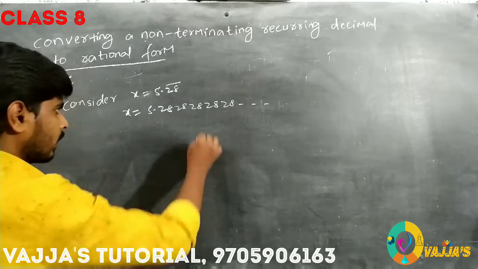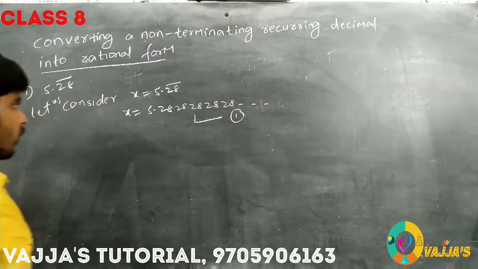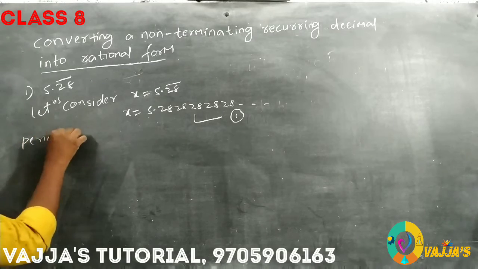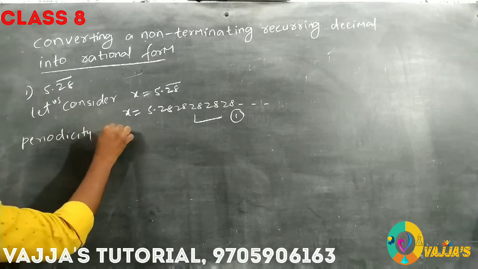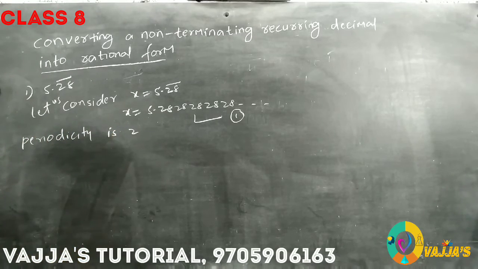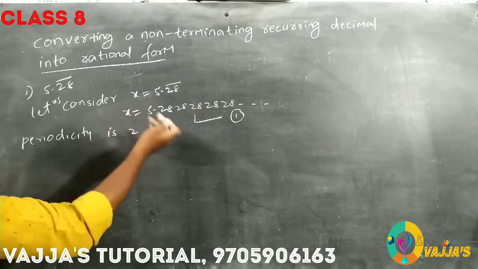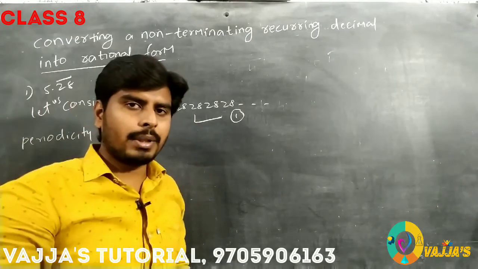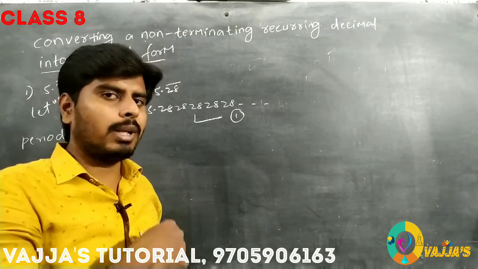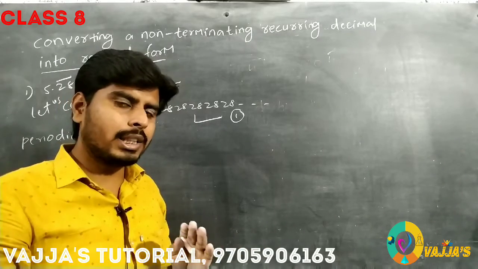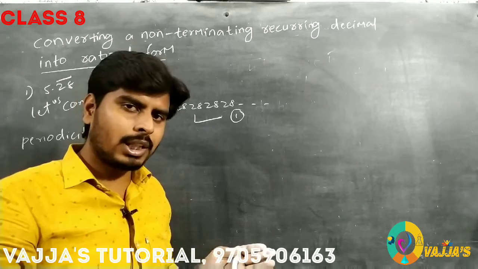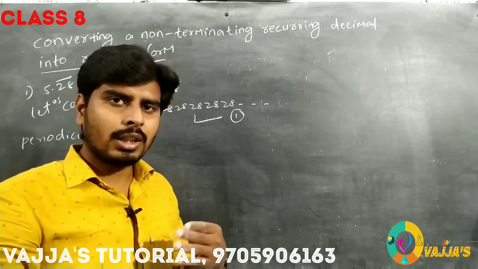Consider this equation 1. Periodicity is 2, that is why I am multiplying equation 1 with 100. If the periodicity is 2, I multiply with 100. If the periodicity is 1, we multiply with 10. If the periodicity is 3, we multiply with 1000.